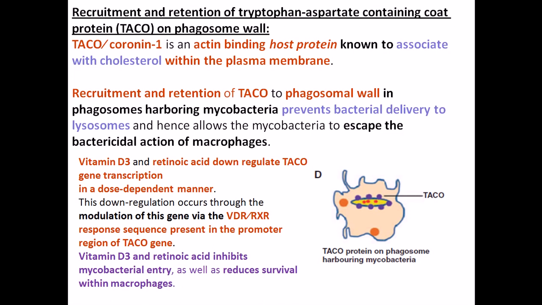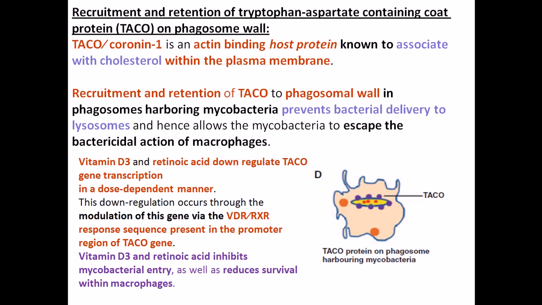Now in this case, TACO is modifying the actin cytoskeleton so that the vesicle is unable to walk through the actin cytoskeleton and finally fuse with the lysosome. So it's another way to block the fusion of lysosome with the phagosome, and also another way to block the maturation of the early endosome, right? And we also know that vitamin D3 and retinoic acid downregulate the production of TACO.